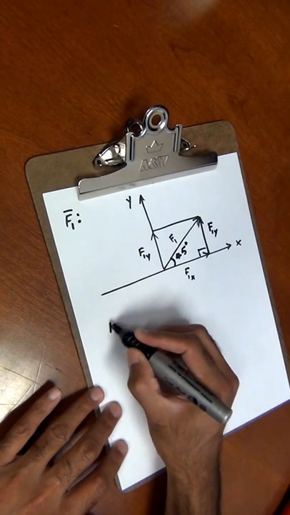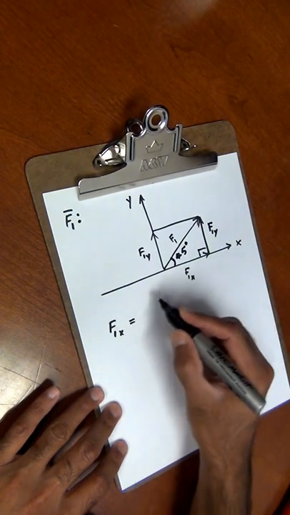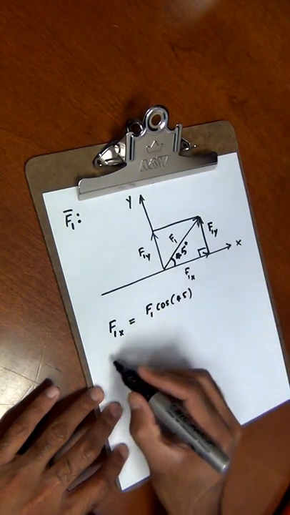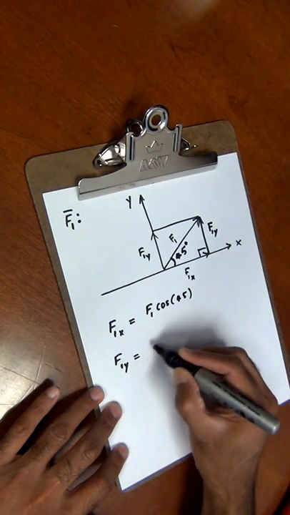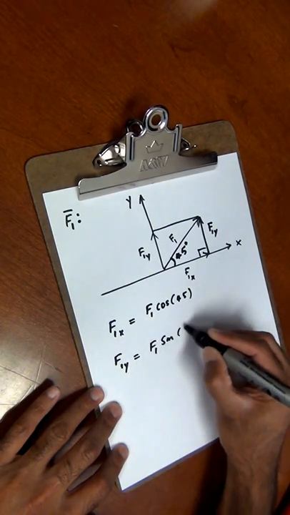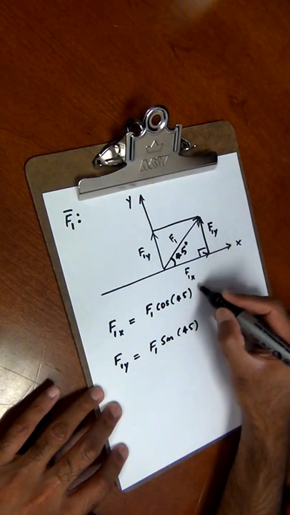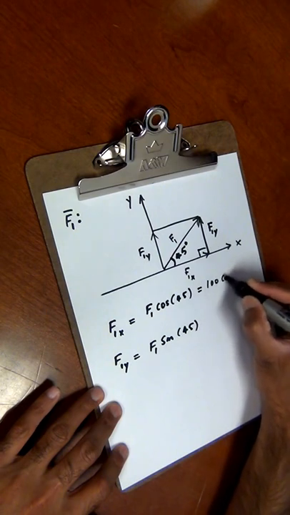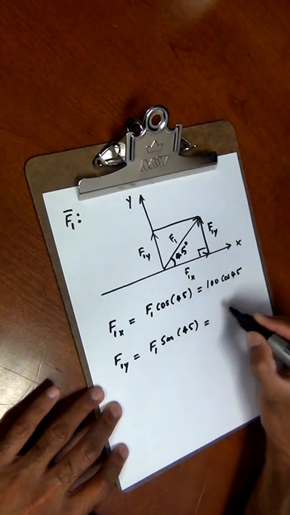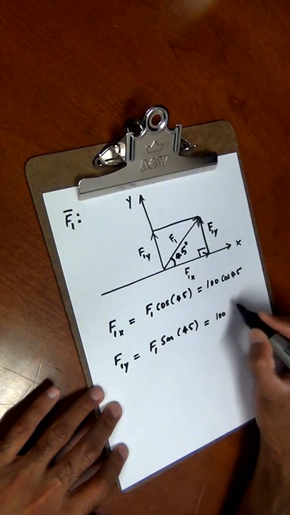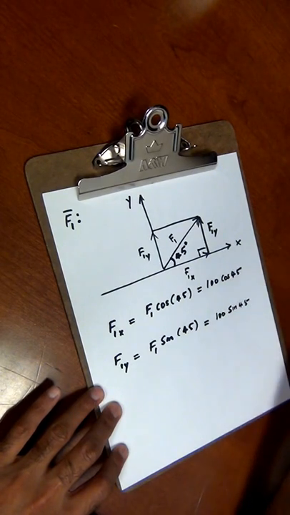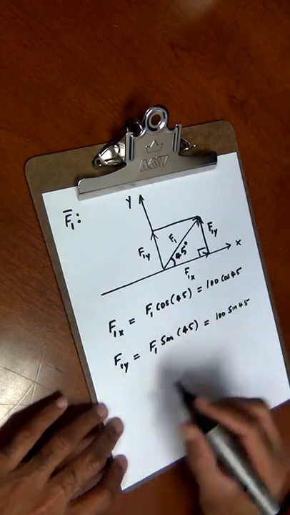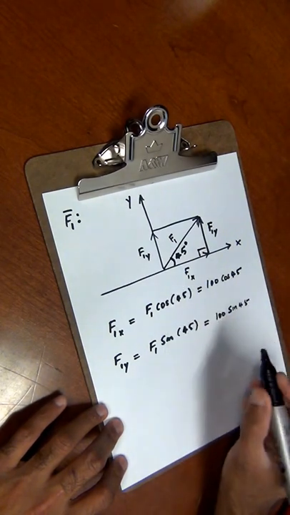F1x is going to be F1 cosine 45, and F1y is F1 sine 45. I know the magnitude of F1 was 100 newtons, so this is going to be 100 times cosine 45, and this is going to be 100 times sine 45. Then we can write out the force vector F1 as a Cartesian vector by combining the components along the x and the y directions.